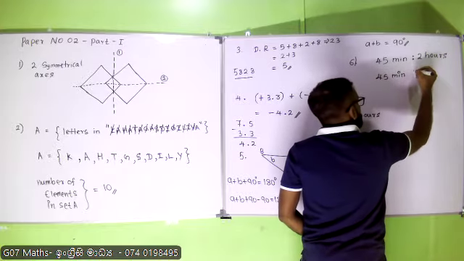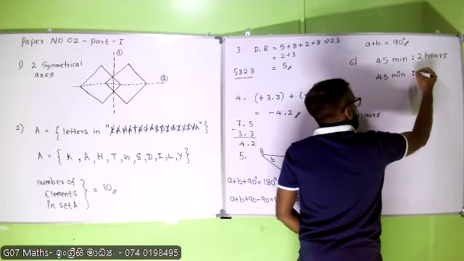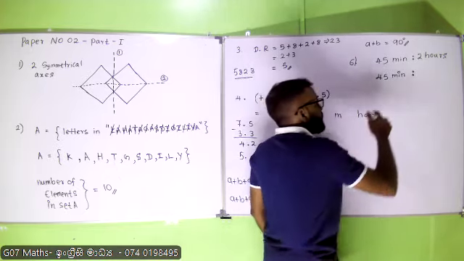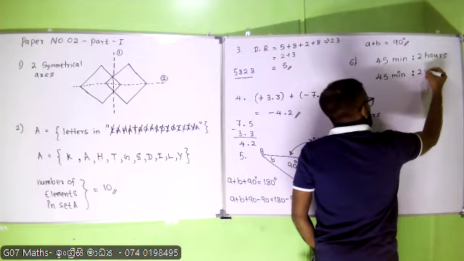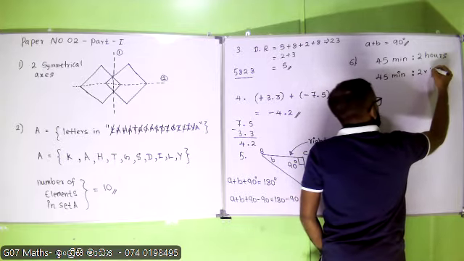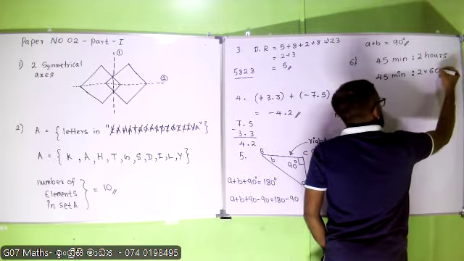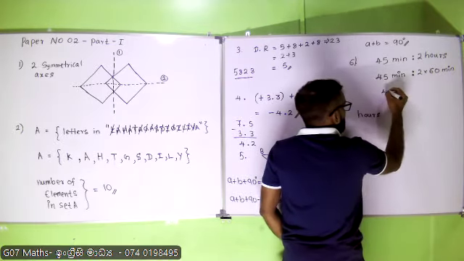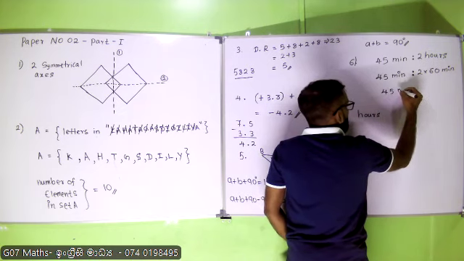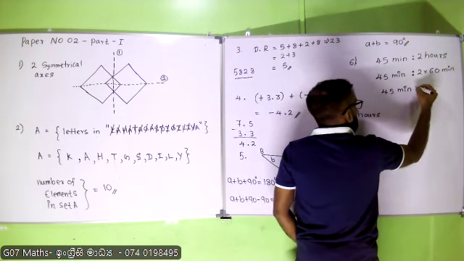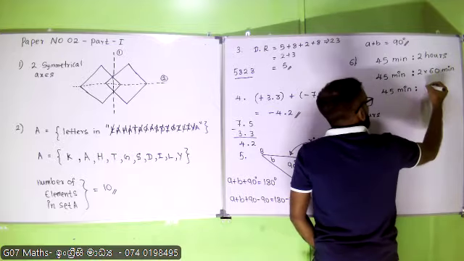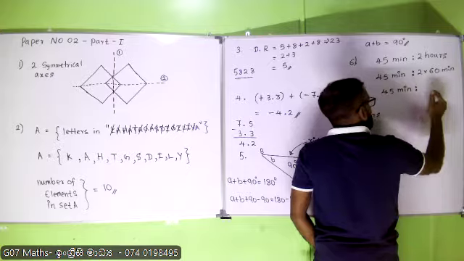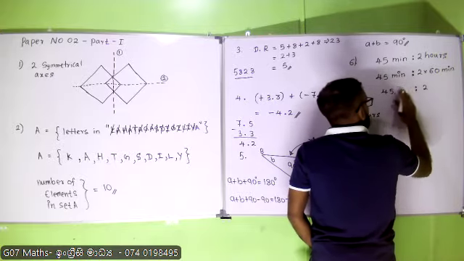This is how we are going to put the ratio. 45 minutes to 2 times 60 minutes, which is 120 minutes. Okay, no need to simplify. We can keep it like this.